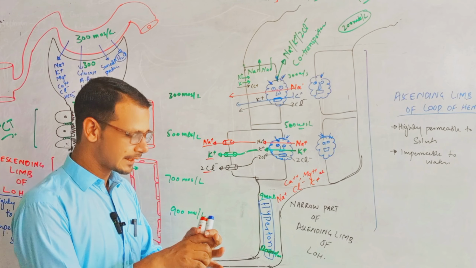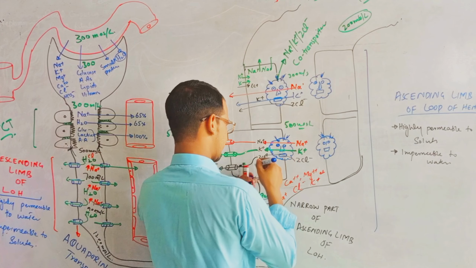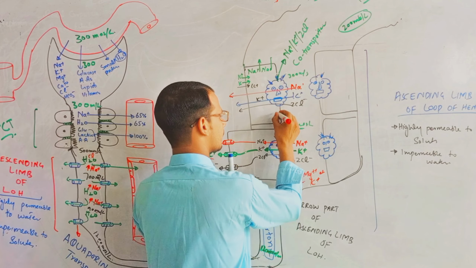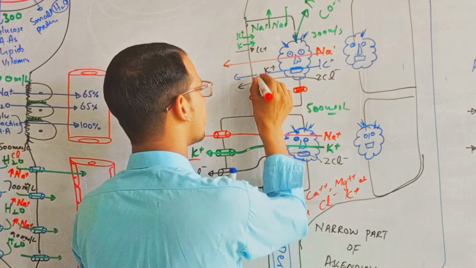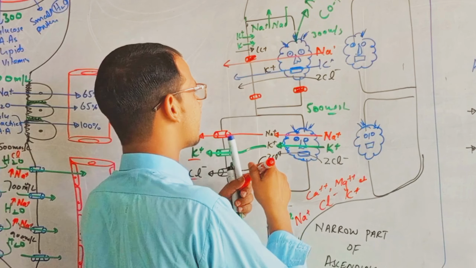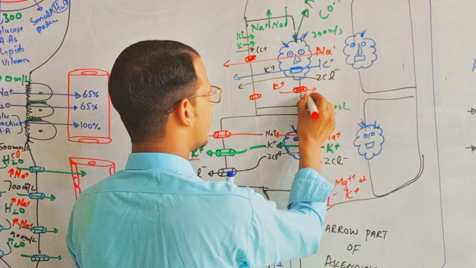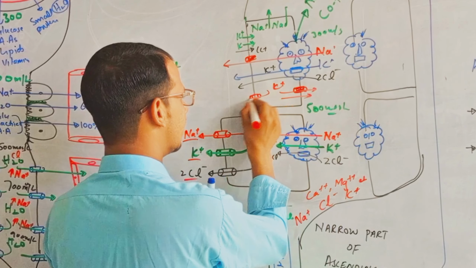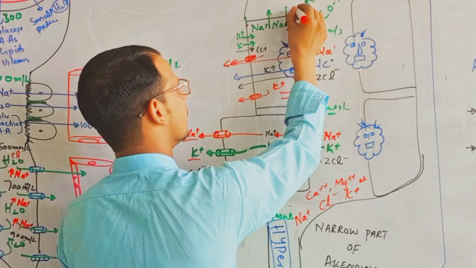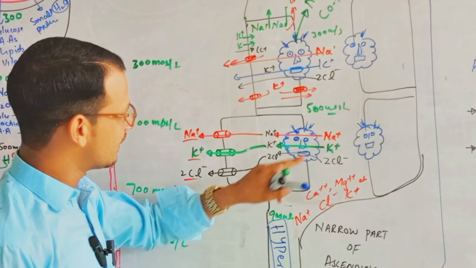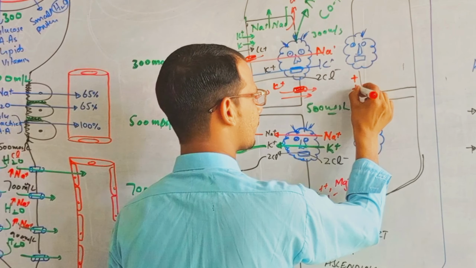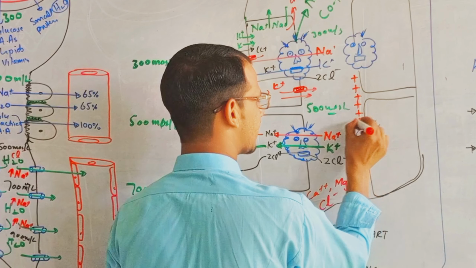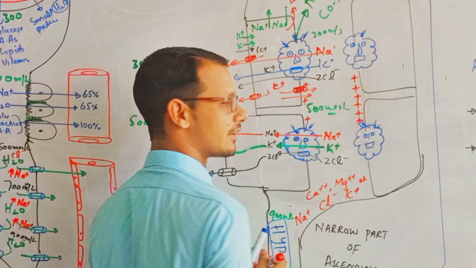What is the effect? There are some transporters by which this potassium again leaves the cell and comes into this lumen, also to these areas. By coming to this area, all the lumen is getting a positive charge, right?